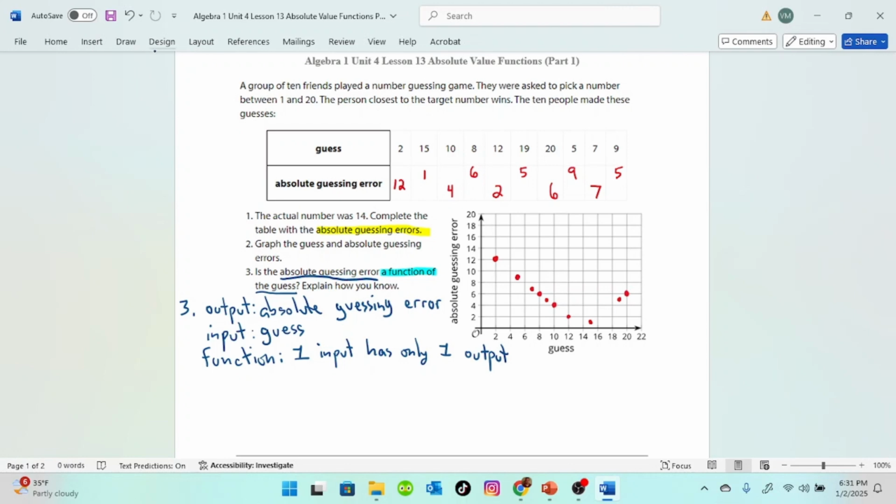So the answer for this would be yes, because each guess has only one absolute guessing error. That means this is a function.